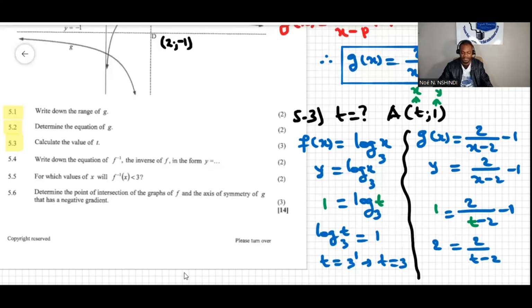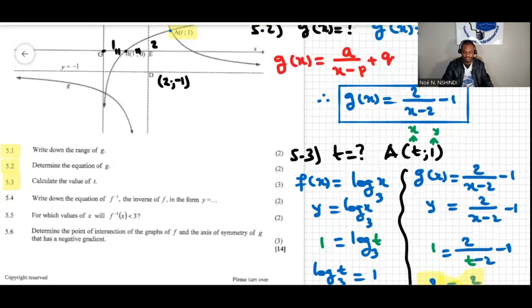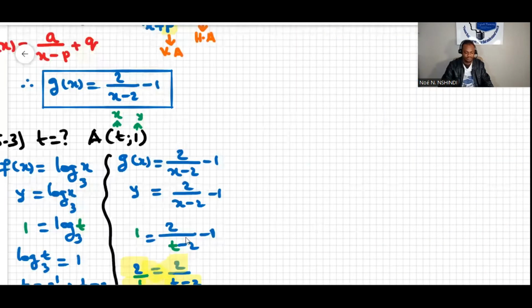And then we can cross multiply. Because 2 here has a denominator of 1, we multiply 2 times t minus 2, and then 1 times 2 there. I think I can just turn my page over here.